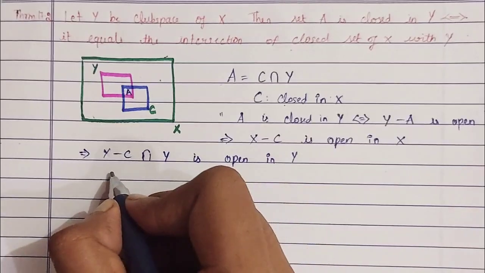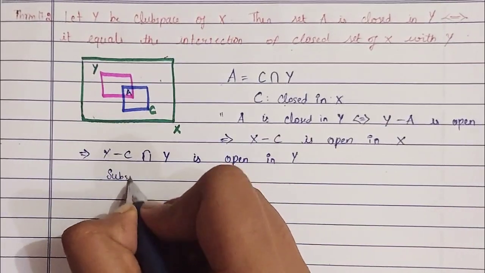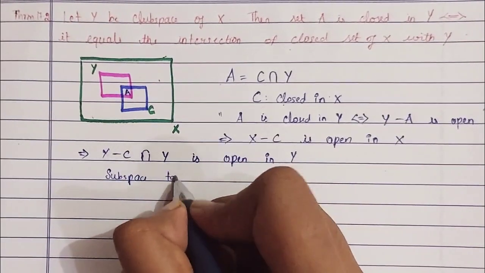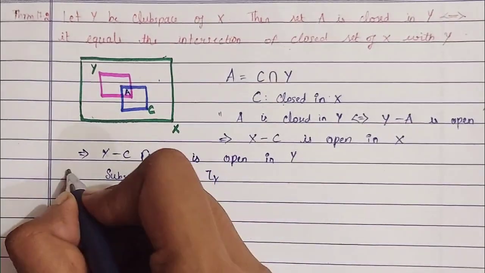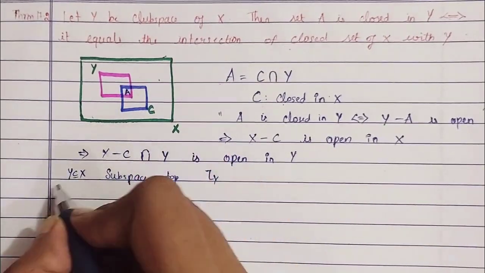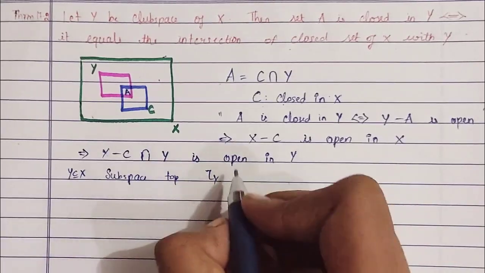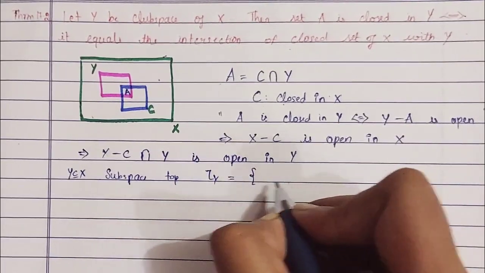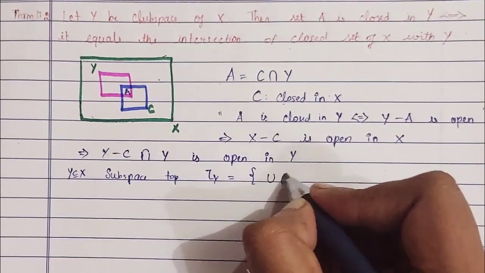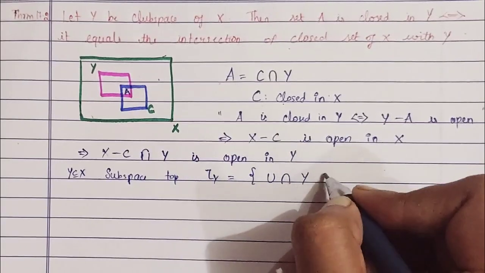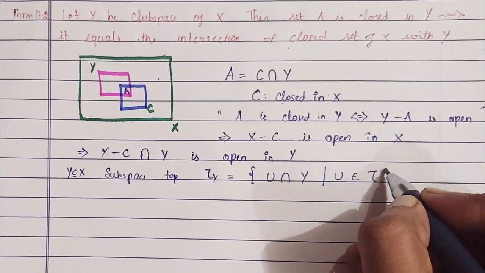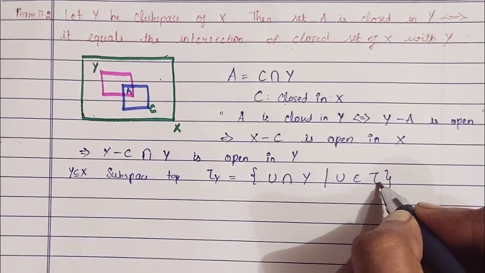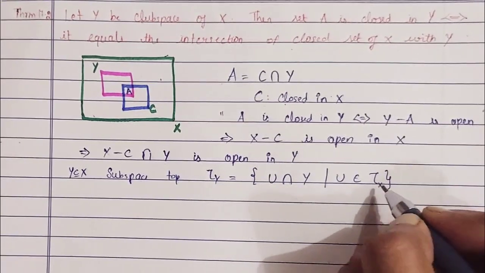For this you should know the subspace topology definition, and the subspace topology is denoted by tau Y, where Y is the subspace of X. The subspace topology is defined as the collection of U intersection Y, where U belongs to tau, specifically the parent space topology.